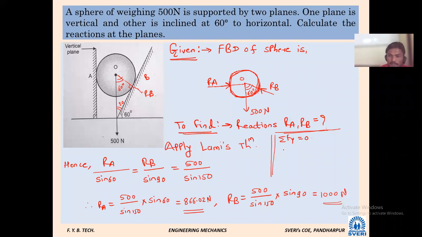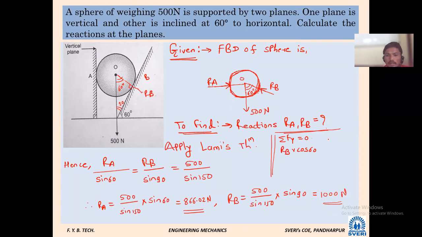RB reaction: positive. And whether we have to take sine or cosine function here? We want to find the Y component. The angle with the Y or vertical axis is given.